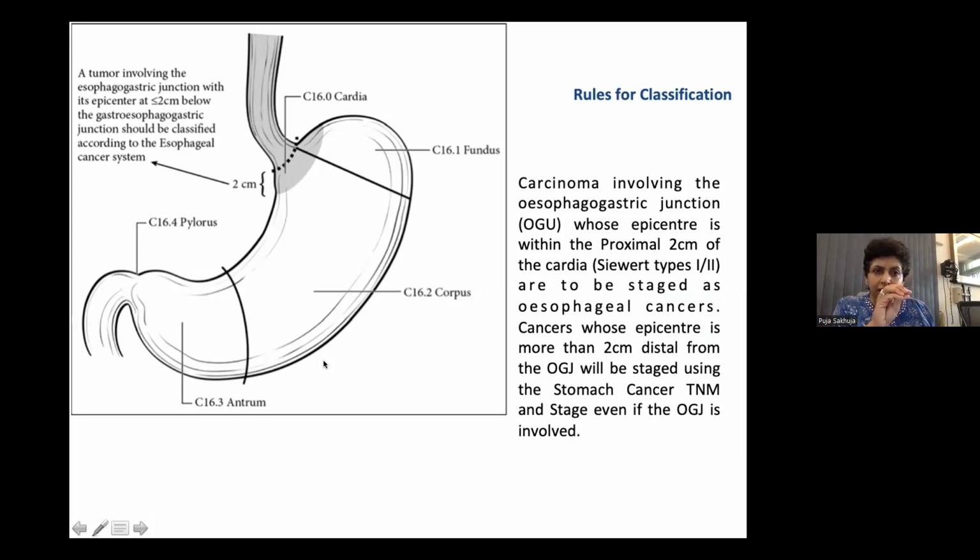Is it just at the G junction with the epicenter in the proximal 2 centimeters of the G junction, then also esophageal type? If it is beyond the proximal 2 centimeters of the G junction, the epicenter or most of the tumor, then it is treated as a gastric type of adenocarcinoma. So that is important in your biopsy also.